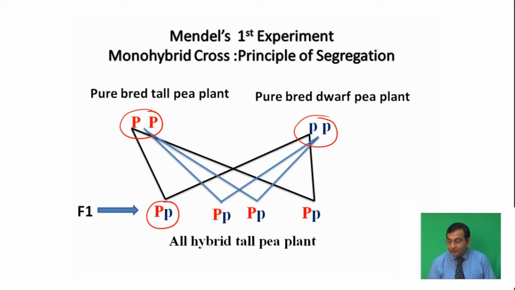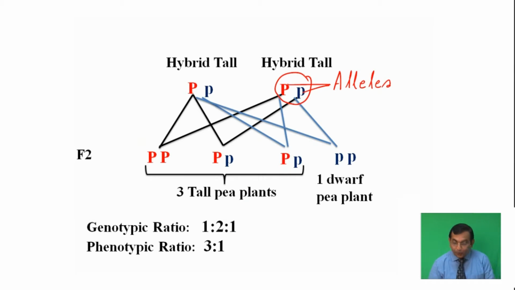Now the question comes, what is the composition of these genotypes? So to explore the F1 hybrid tall pea plants, he self-fertilized these hybrid tall pea plants. In the F2 generation, he obtained 3 tall pea plants and 1 dwarf pea plant.